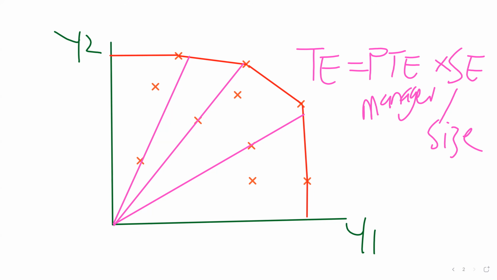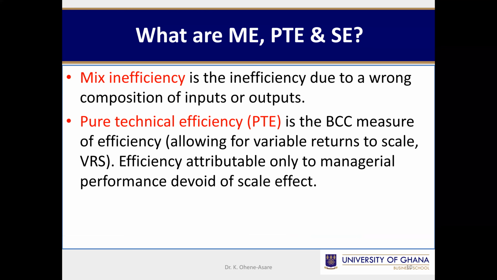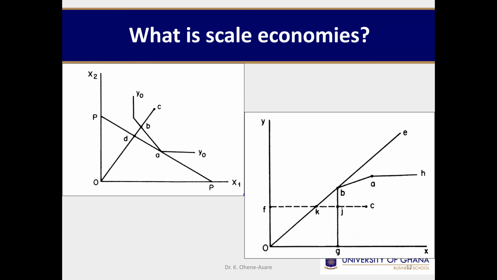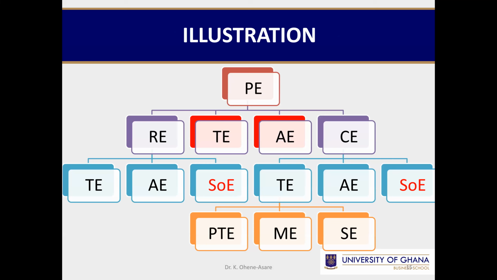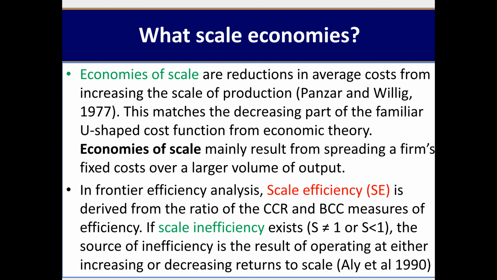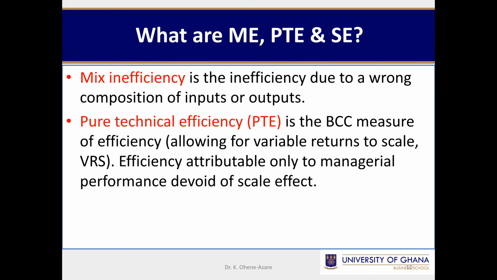So the beautiful thing about efficiency is that you can attribute one portion of the efficiency to pure technical, and you can attribute one portion to the scale efficiency that we know. So scale efficiency is due to the size. Pure technical efficiency is due to pure managerial intellect.